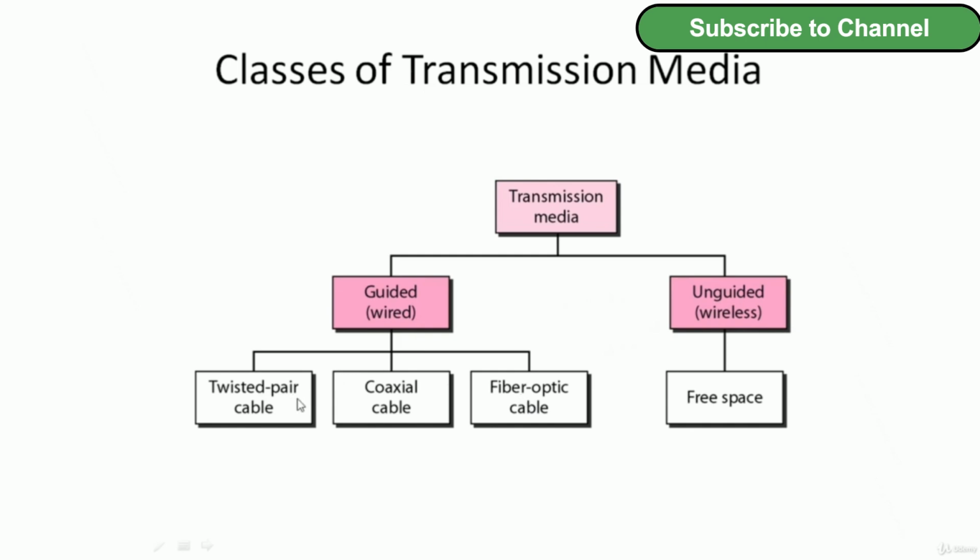One by one we have to study these. Twisted pair cable is again UTP and STP, unshielded twisted pair and shielded twisted pair. Then under the unguided media, that is wireless, free space is used to transmit the signal.